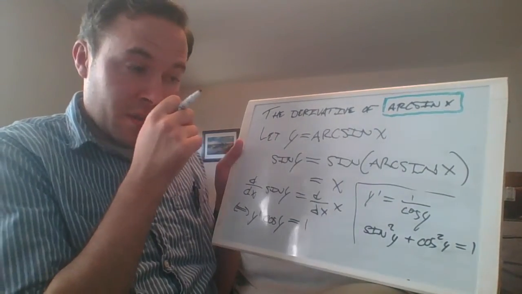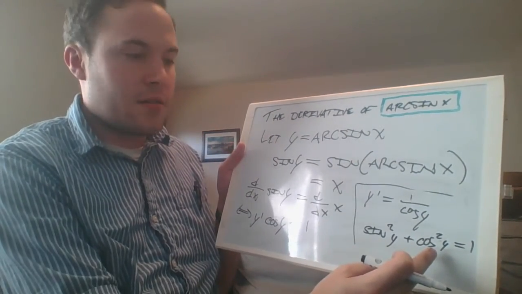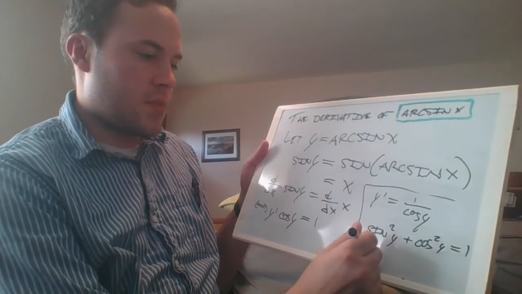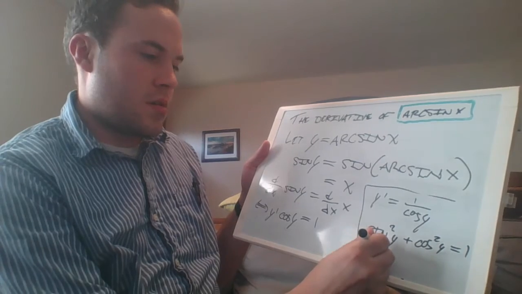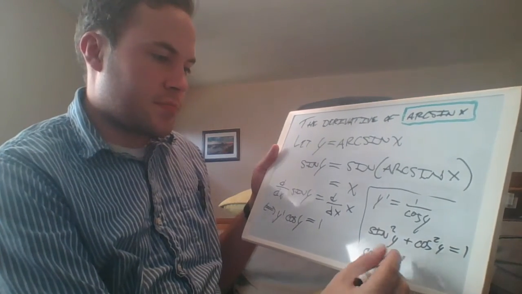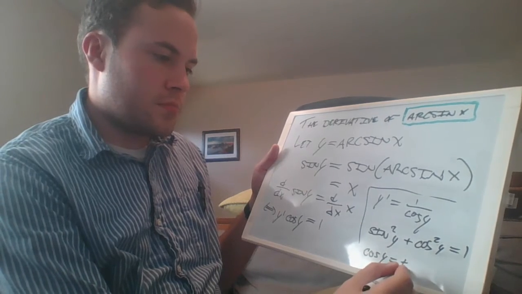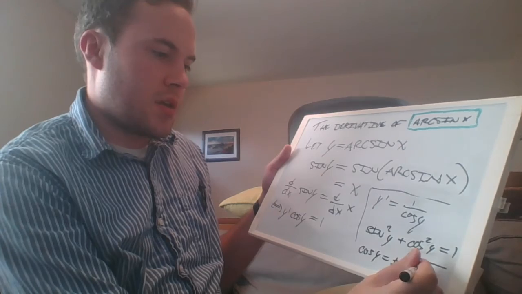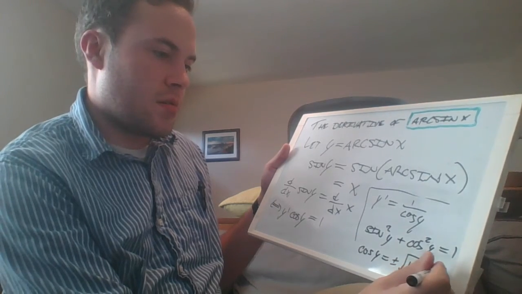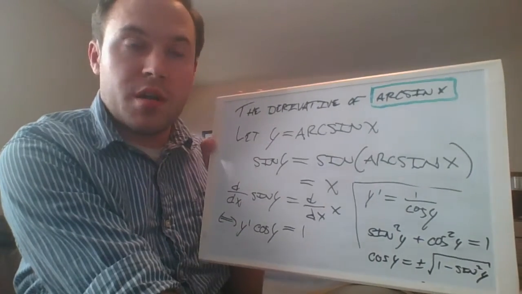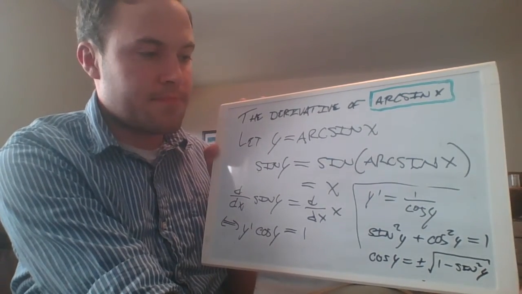And what we're going to do is solve for cosine y, and then we're going to replace it in our formula. All right, so subtract over, and take the square root. And you get plus or minus the square root of 1 minus sine squared y.